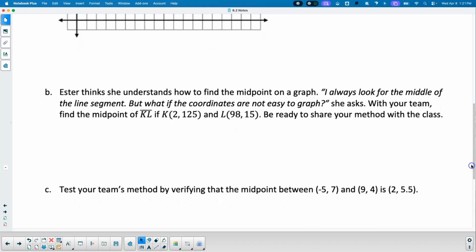With your team, find the midpoint. Okay, so find me the midpoint of KL. Okay, in letter B here. Find me the midpoint of KL in B. Go.